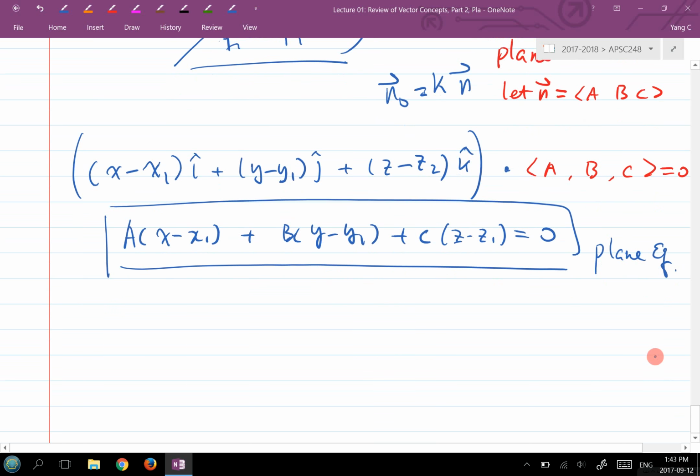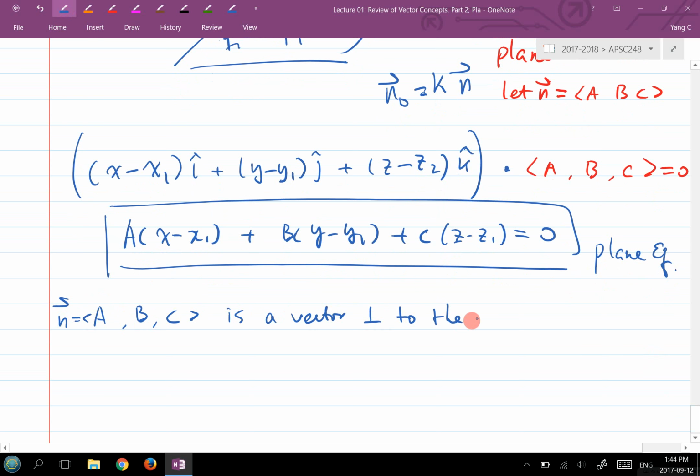And of course, you're going to have to firmly memorize what each one of these symbols represents. So a, b, c, let me rewrite it here, is a vector perpendicular to the plane. x1, y1, z1 is a point on the plane.